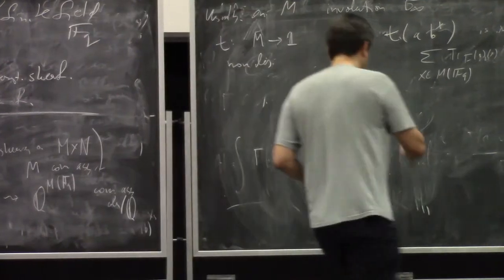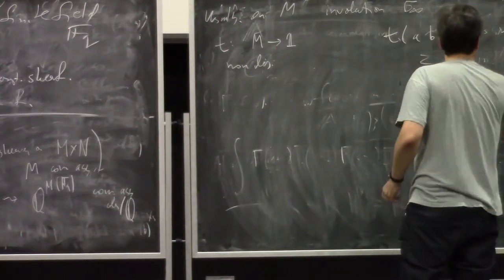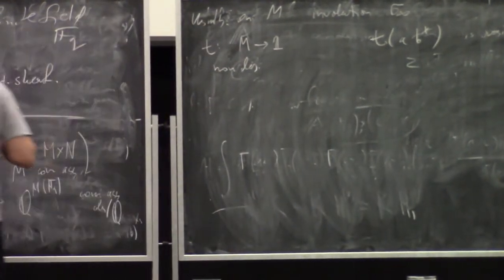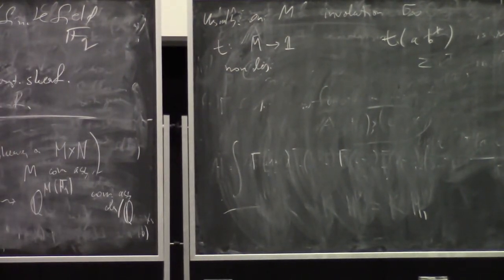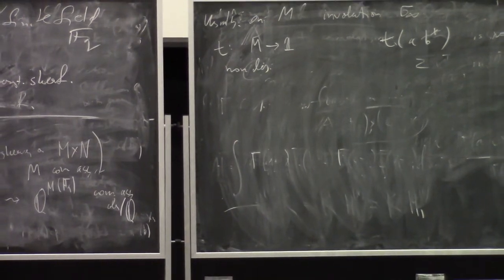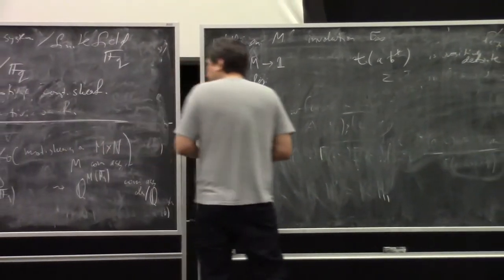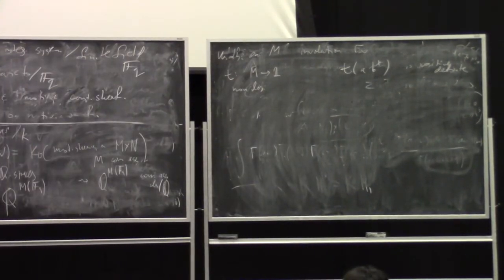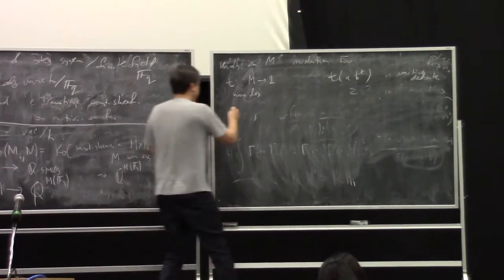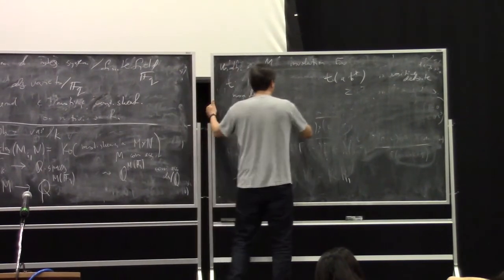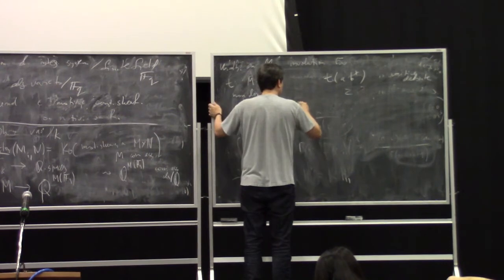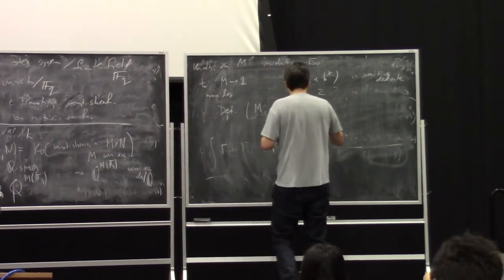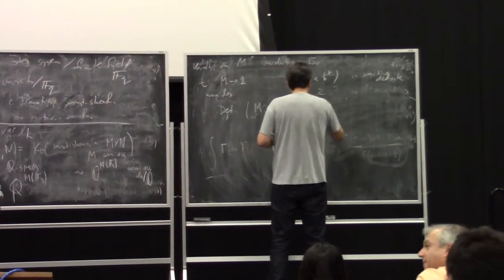Now, by definition, if you get this Anderson multiplication kernel, you define what is the set of FQ points.